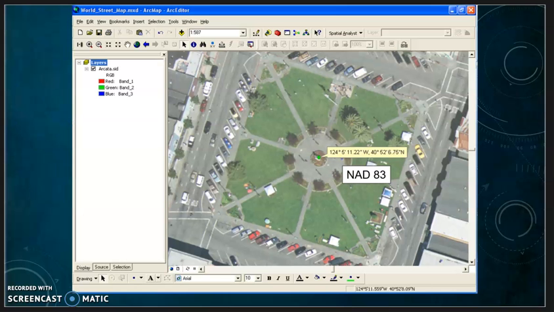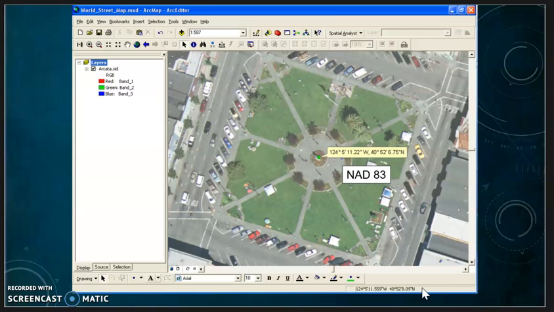So let's go ahead and look at a couple of different examples here. So this layer of the Arcata Plaza is projected in the NAD 83 datum. And so this was an example of where the statue of McKinley is. Now we know that fortunately the statue of McKinley has been removed from the Arcata Plaza, but we'll still use it as the reference point, and we can also just say that it's the center of the plaza.